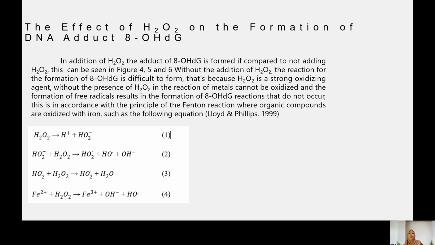That is because hydrogen peroxide is a strong oxidizing agent; without it, the metal cannot be oxidized, free radicals are not formed, and the 8-OHdG formation reaction does not occur. This is in accordance with the Fenton reaction principle, where organic compounds are oxidized with iron, such as in the following equation.